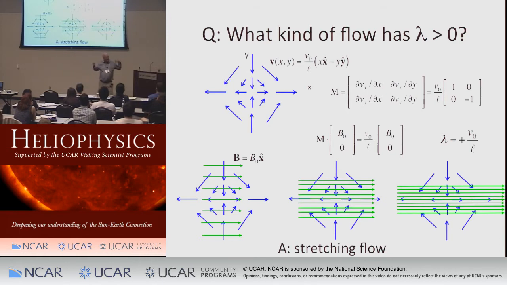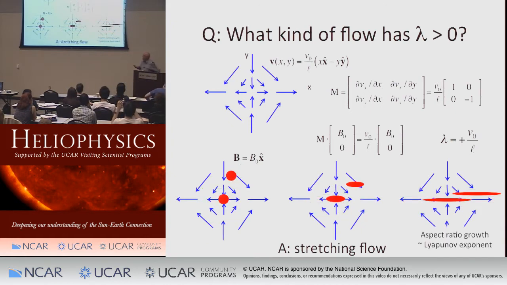That was the ingredient we talked about. I need to have that positive eigenvalue. I need to have a flow that's going to stretch. And it stretches in the x direction. It doesn't stretch in the y direction. That's a decaying eigenvalue, which is not what we're after. And actually, it's not just magnetic fields, but you can imagine any little region of space.